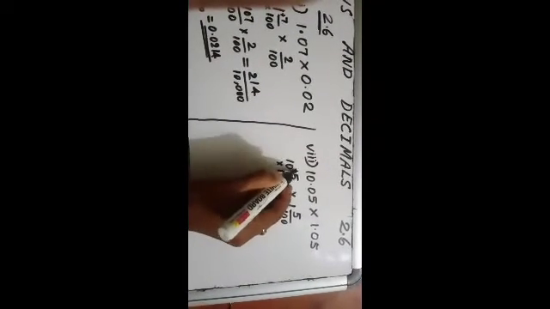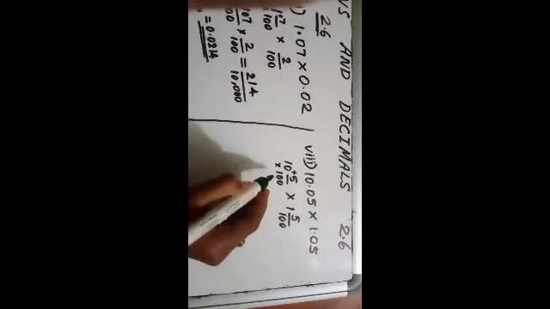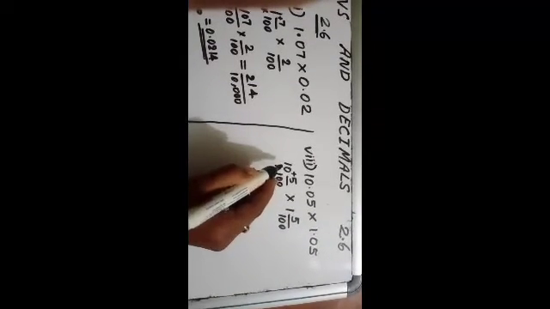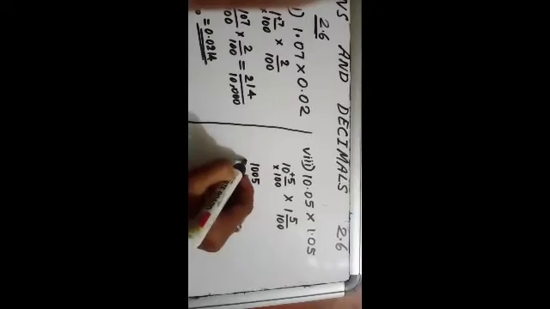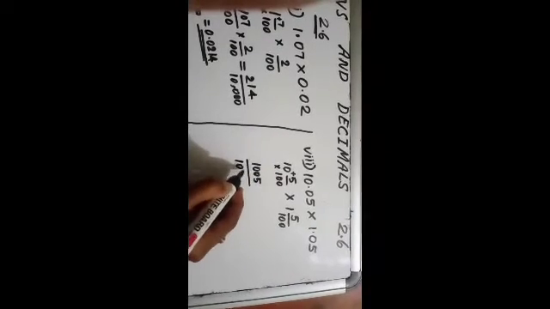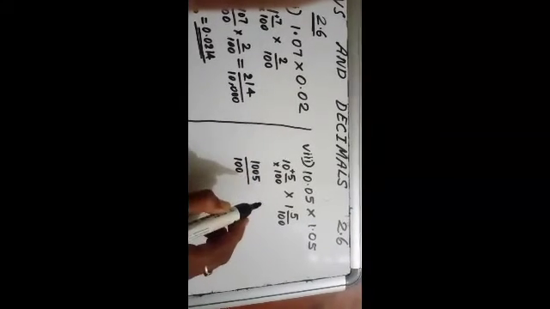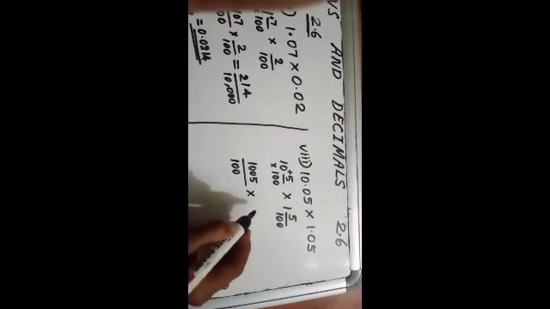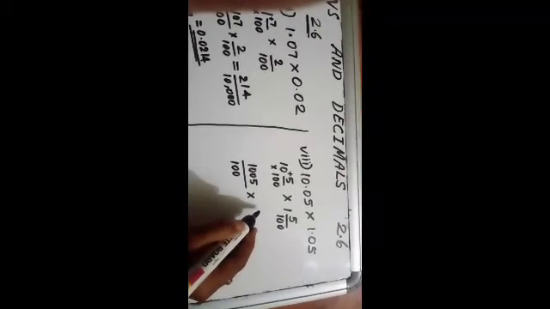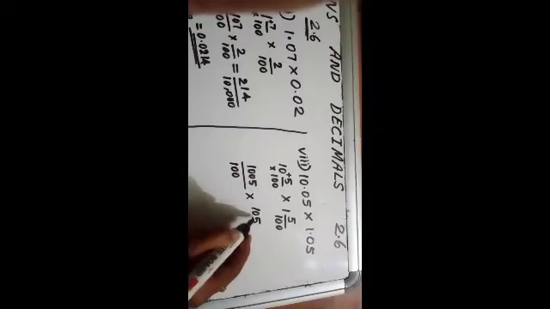Let us convert into improper fractions. 100 tens are 1000 plus 5, 1005. The denominator never changes, so you will get 100. Multiply 100 ones are 100 plus 5, 105 upon 100.